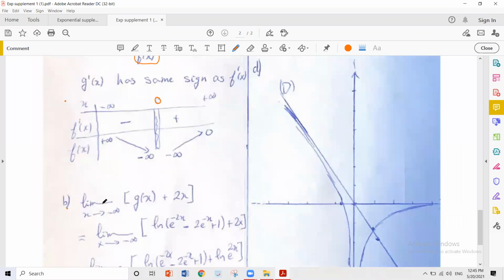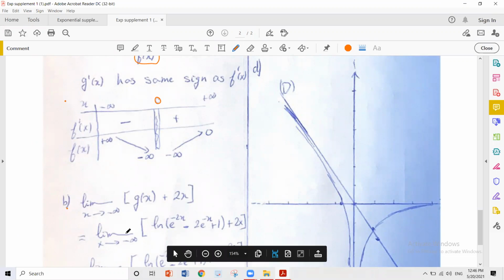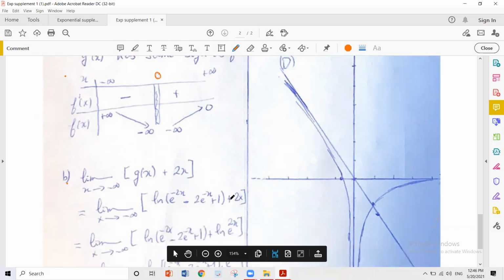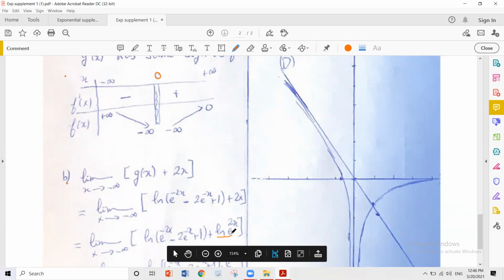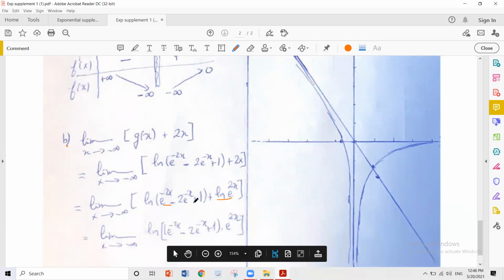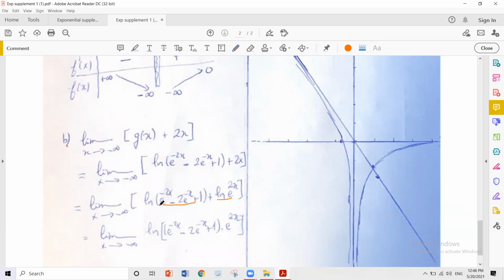So the limit as x tends to minus infinity of g(x) plus 2x, where g(x) is ln f(x), plus 2x. Here we have ln, here we don't have ln. We add ln here so that we can make them one expression. 2x, I can put it as ln e to the power 2x.